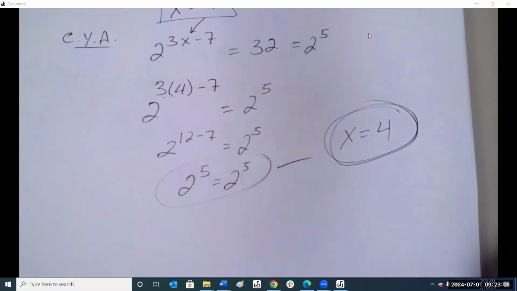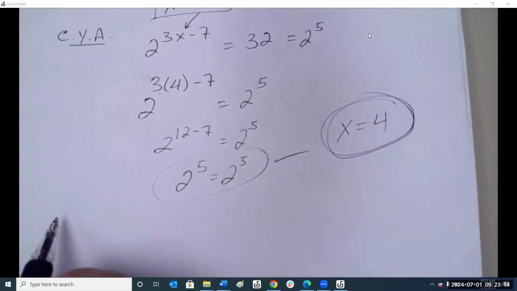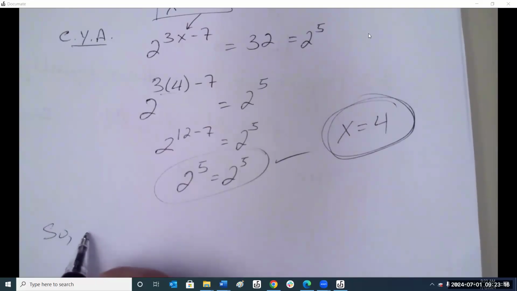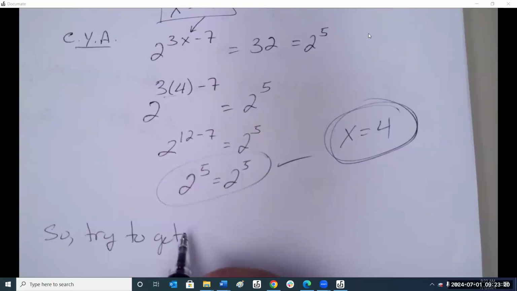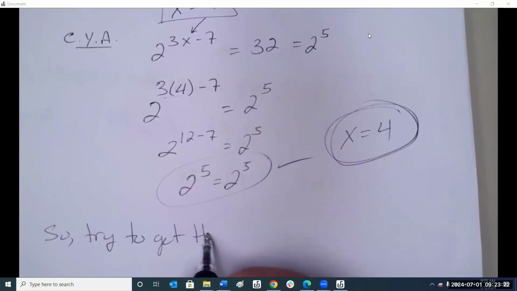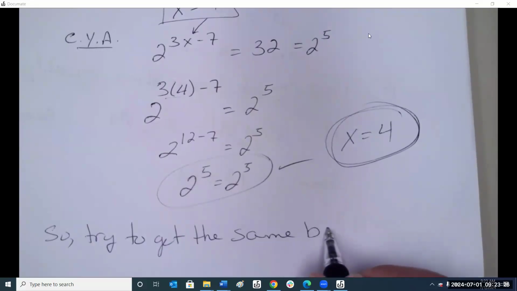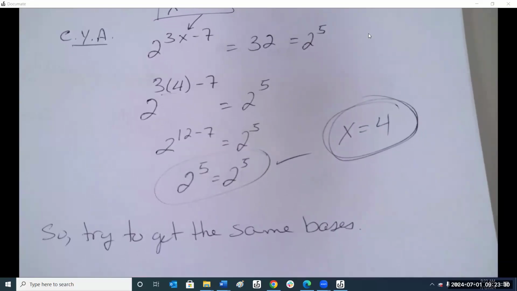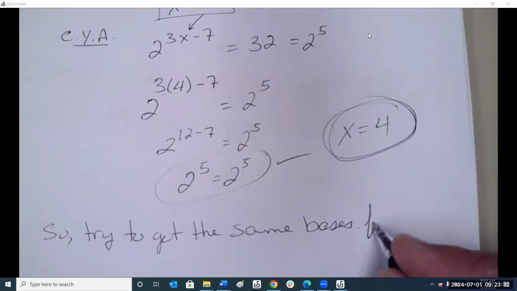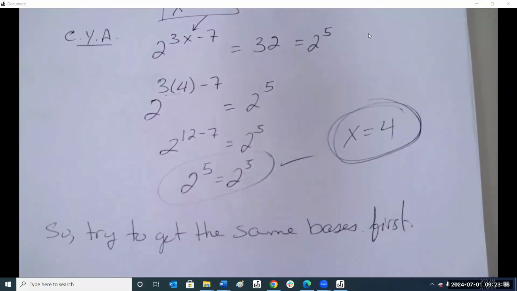So your first plan of action is to try to get the same bases, and then compare the exponents.